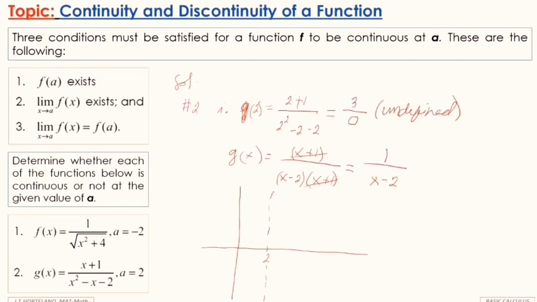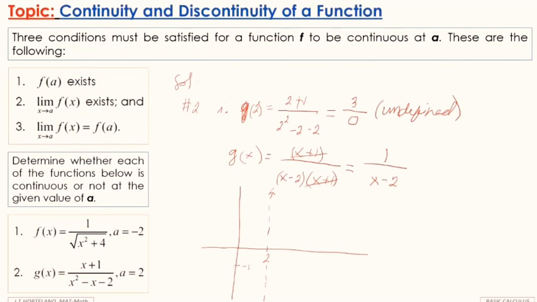Now, what will the graph look like? If x is 2, it is not allowed. Now, try if x is 0, we will get negative 1/2. So, let's test a few numbers on the left. Let's say this is negative 1.